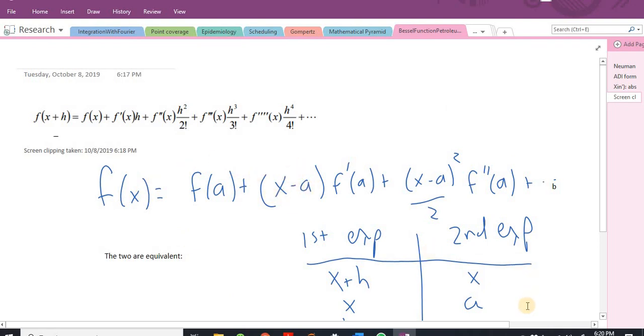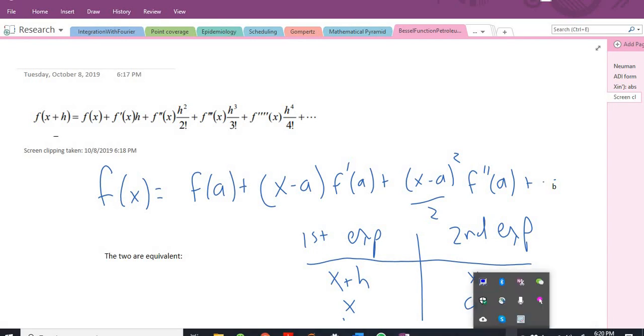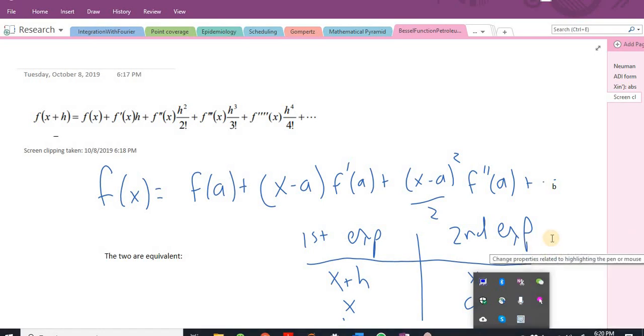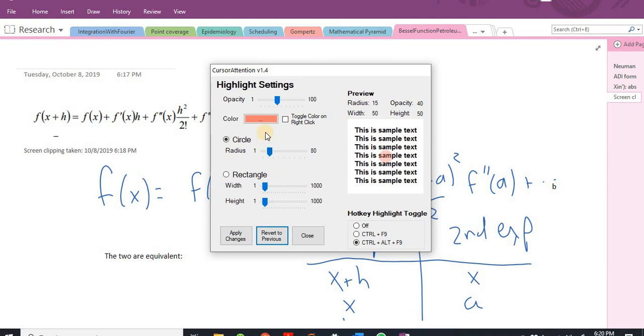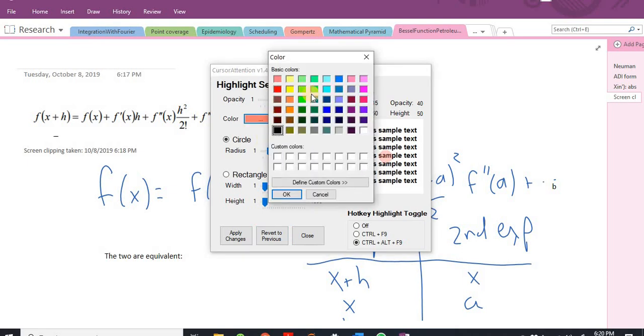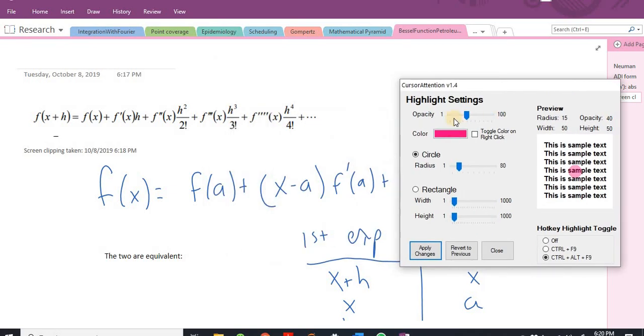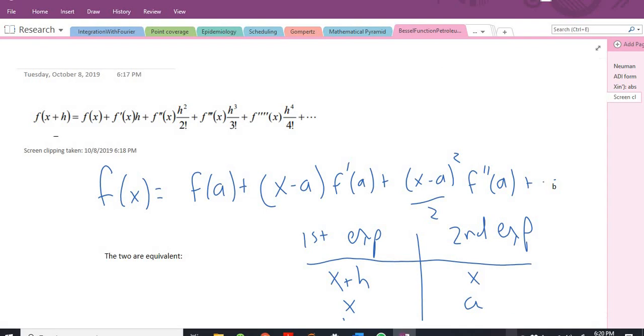Here, let me turn this on. Sorry. Do I still have this? Yeah. Let me turn this on so you can see. Okay. Let me make this a little bit darker so you can see what's going on. For some reason, it's not showing, because I know that the pointer is too small to see. Sorry, let me just set this up.